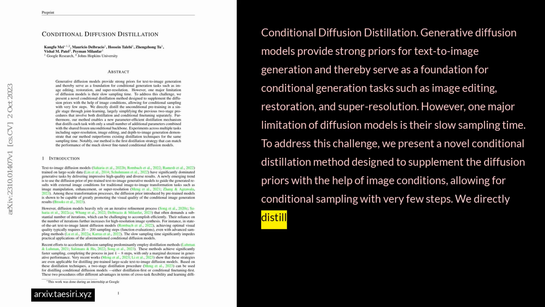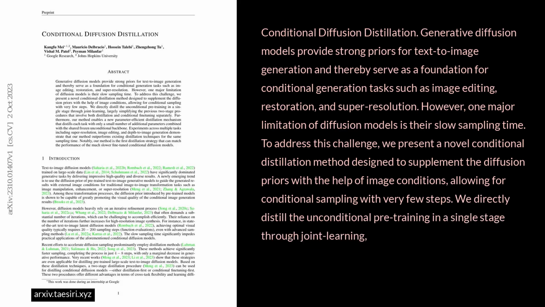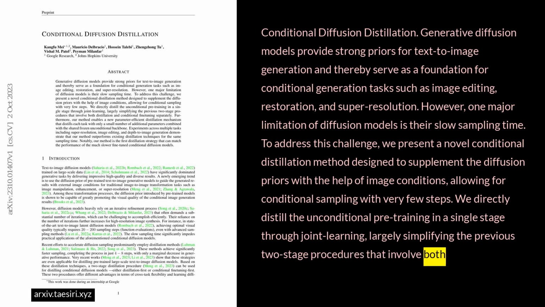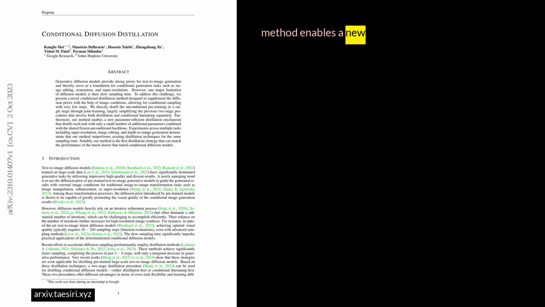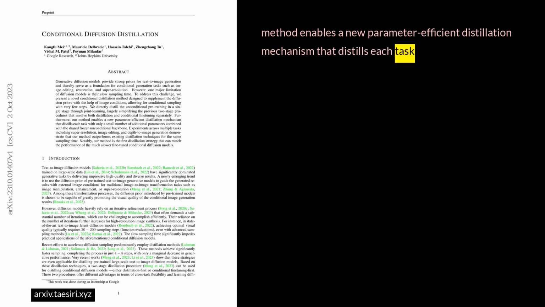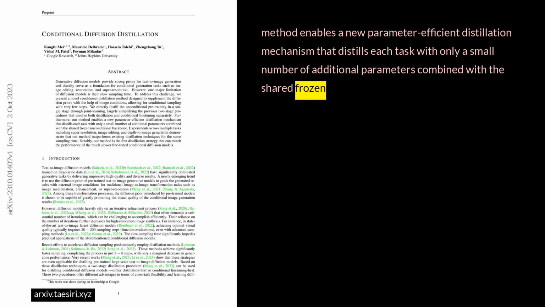We directly distill the unconditional pre-training in a single stage through joint learning, largely simplifying the previous two-stage procedures that involve both distillation and conditional fine-tuning separately. Furthermore, our method enables a new parameter-efficient distillation mechanism that distills each task with only a small number of additional parameters, combined with the shared frozen unconditional backbone.